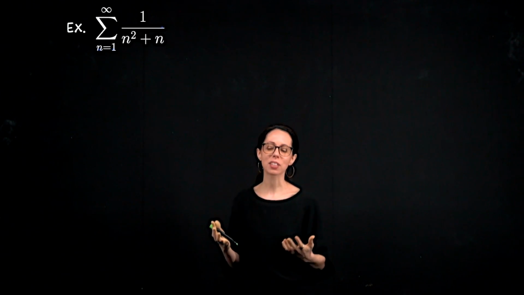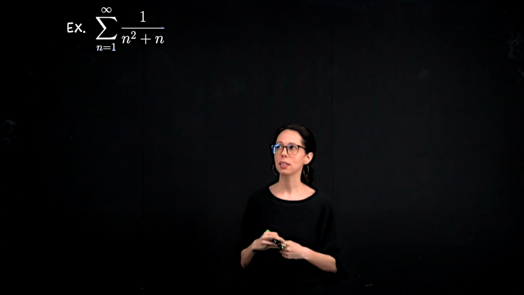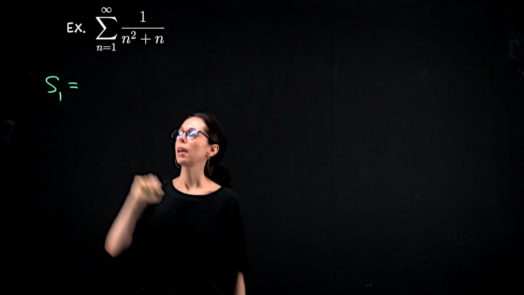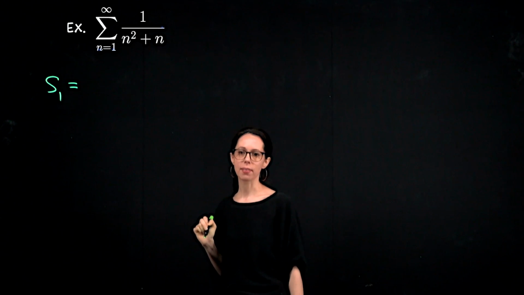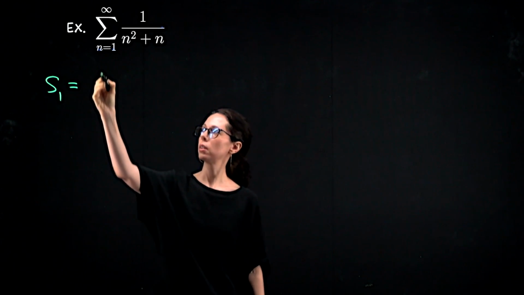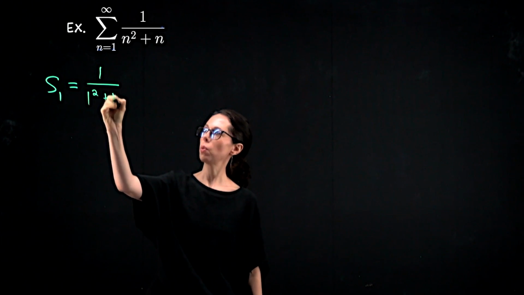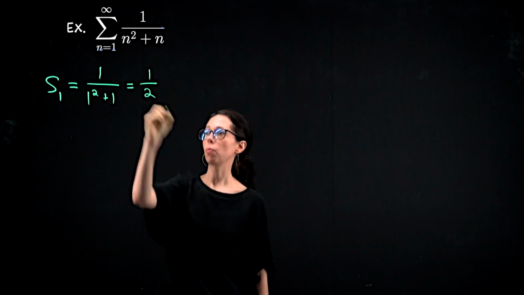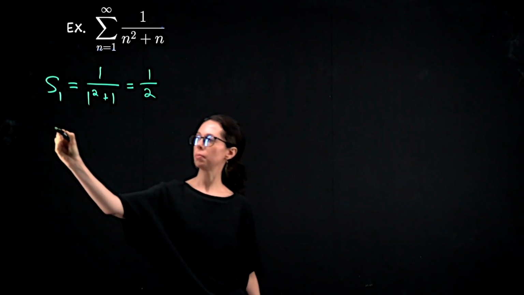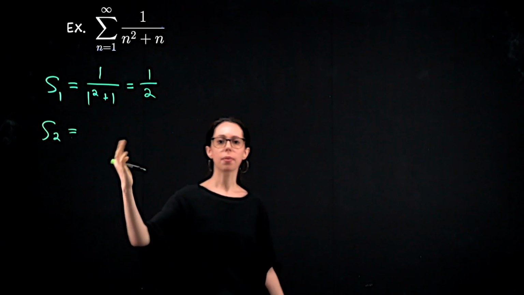Let's start with the first way, which is just to start cranking out what the partial sums look like and see if you can figure out if the limit of the partial sums exists. So what is the first partial sum? That's going to be the first term in this infinite series, which is 1 divided by 1 squared plus 1. So it's 1 over 2, 1/2. The second partial sum is the sum of the first two terms.